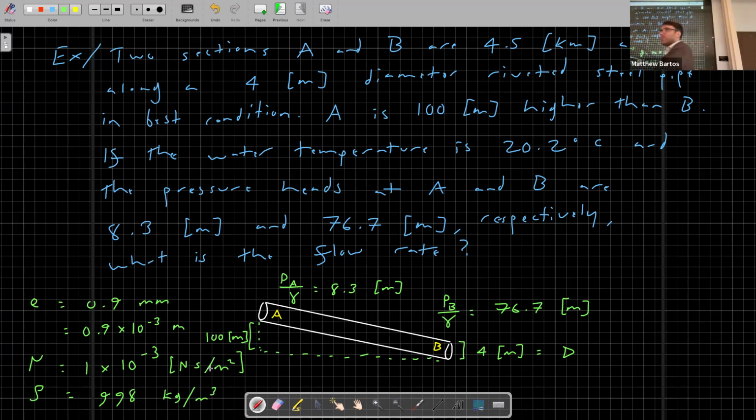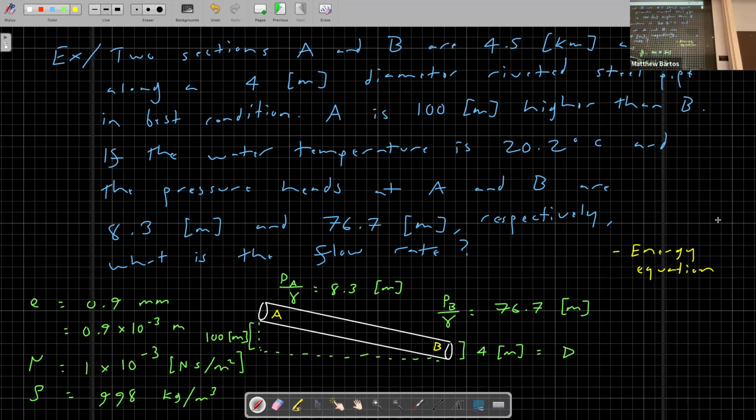Okay, what equations do you think we are going to need to apply to solve this problem? There's going to be 3 of them that we need. What's one equation you think we're going to need to apply? Energy equation, very good. So we'll need the energy equation. In the energy equation, we need to compute something that is not directly known.